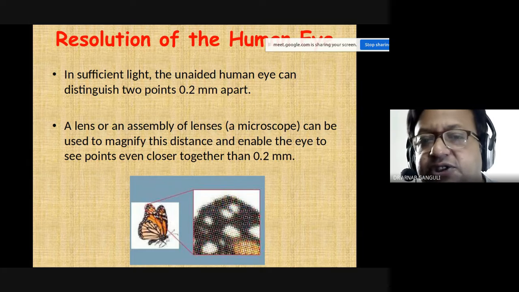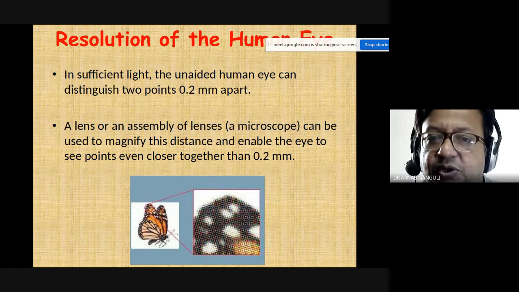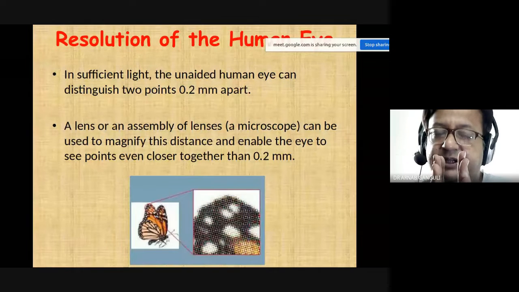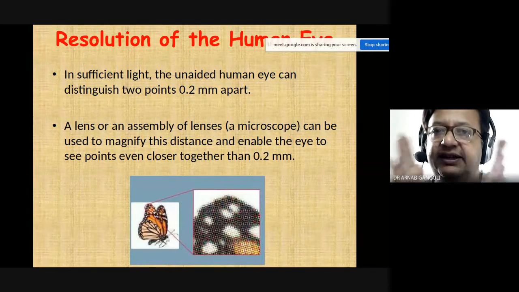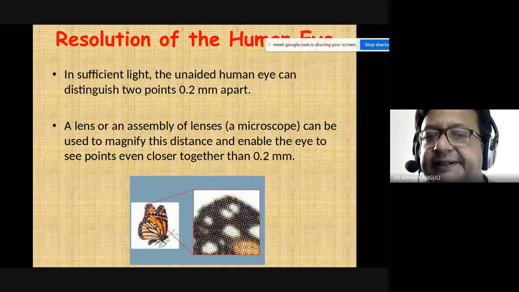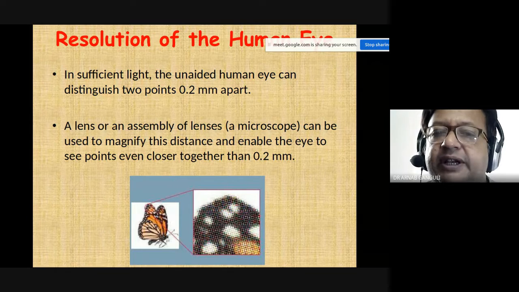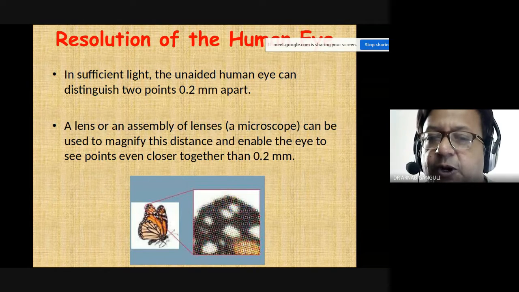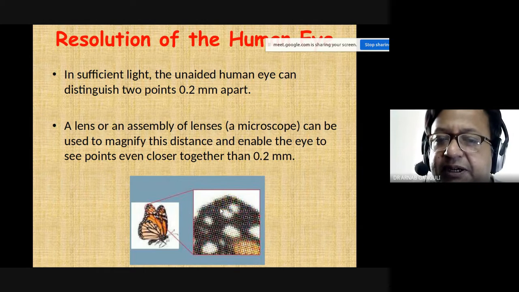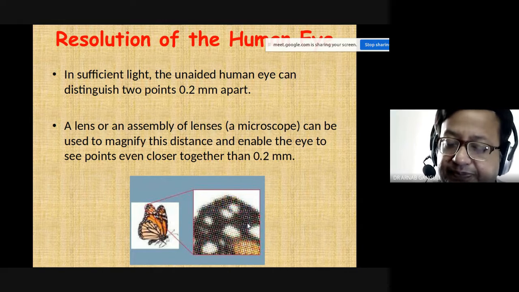When you use a lens or an assembly of lenses in a microscope, you can magnify this distance between 2 points. This enables the eye to see points even closer than 0.2 millimeters. But when you increase the magnification too much, the image becomes pixelated and blurred.